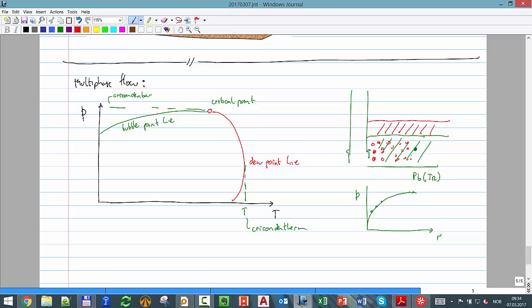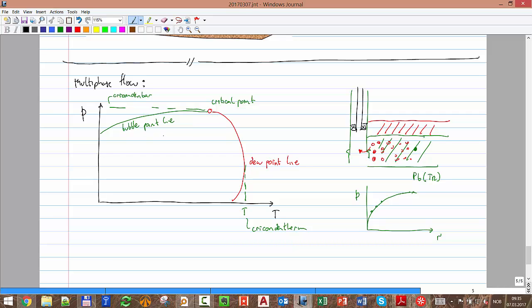The point is that it might be that the fluid coming inside the well, into the tubing, if we put our tubing here, might come already in two phases, already saturated.